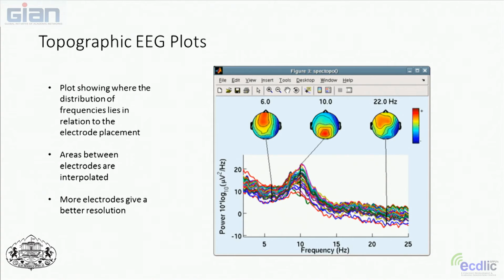Areas between the electrodes, we don't have signal there, so you can interpolate between electrodes to get these nice smooth patterns. And of course, the more electrodes that you have, the better resolution of the signal you're going to get. Yes, the red are the higher frequencies in this case, and the blue are the lower frequencies.